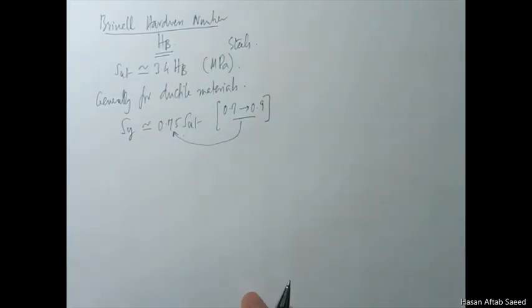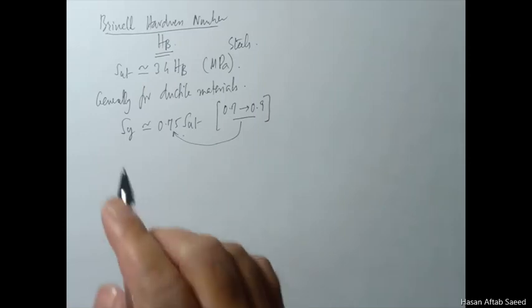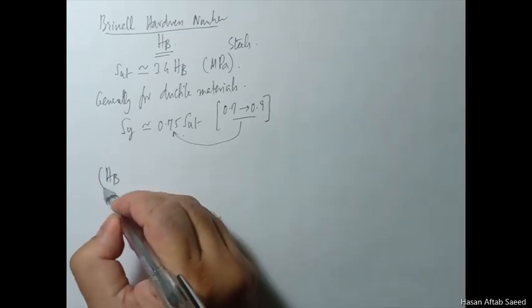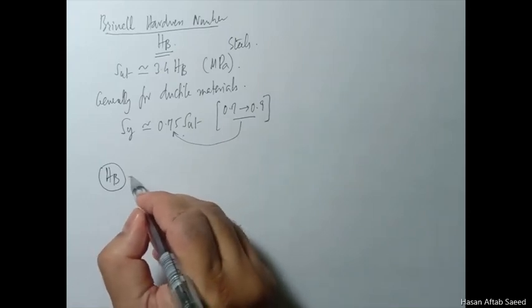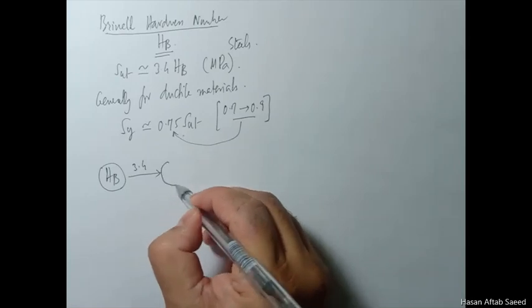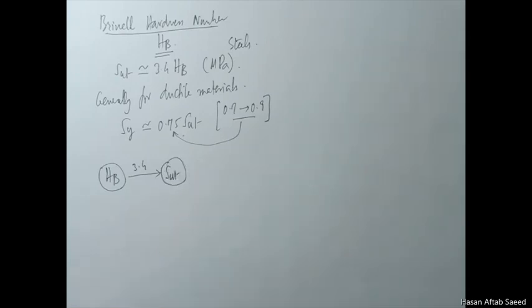Now, see what we can know about a material. If it's steel, what we can know from just one property. If you know the HB, the Brinell hardness number, all you need to do is multiply it by 3.4 and you get the ultimate tensile strength.